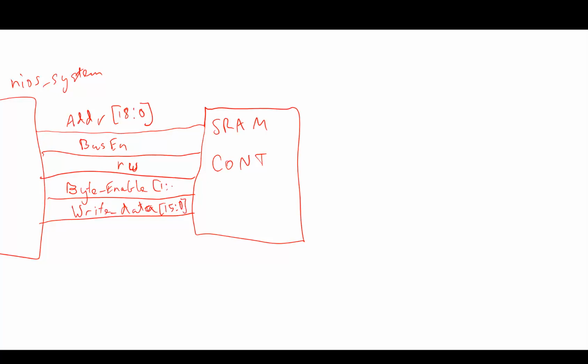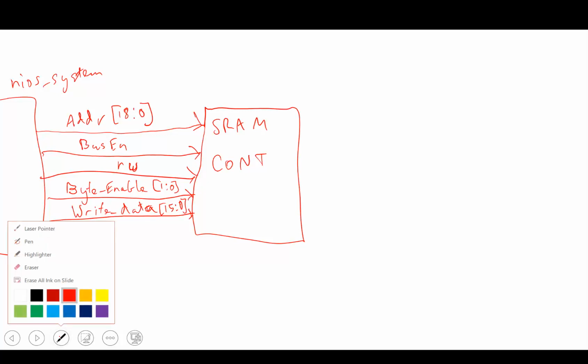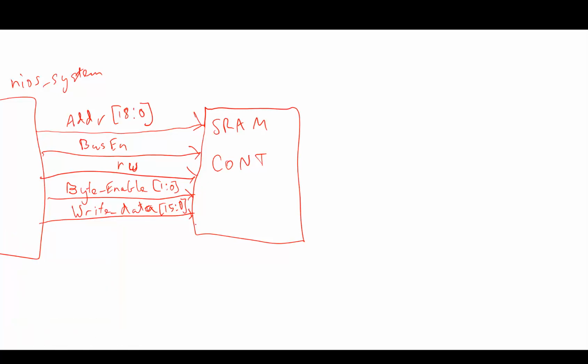Byte enable is 2 bits. And all of these signals are going that way. Then coming back from the SRAM controller would be the acknowledge and the read data, which is also 16 bits.